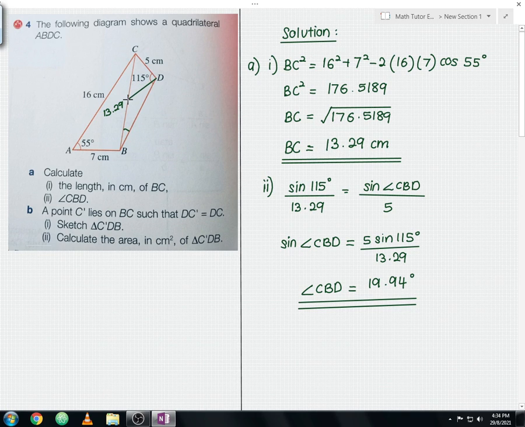So this is your C prime, and this is your length 5 centimeter. This is how your sketch will roughly look like. By the way, I've already completed the sketch for question B part 1, so please wait for a moment. I'm going to show you the diagram now.